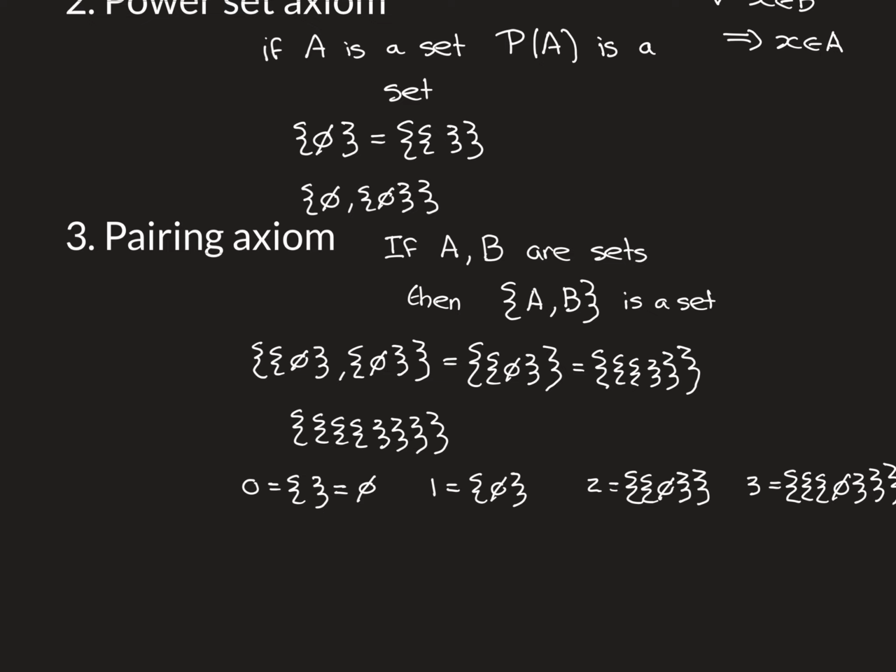There are multiple ways of constructing the natural numbers. This one is what's called the Zermelo construction of the natural numbers. There is also the von Neumann construction of the natural numbers, which is often preferred because it's more obvious the ordering properties on that one. But this one is actually simpler in terms of set theoretic construction, so we'll stick to this one for now.